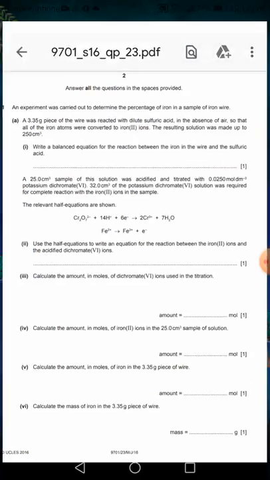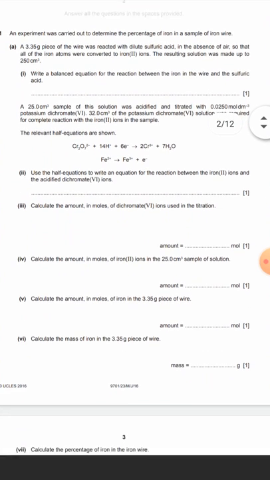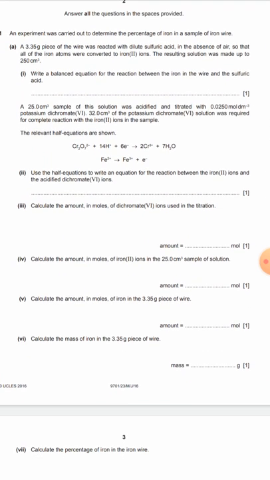Okay, so now what was the question? Let's go back to the question again. Write a balanced equation. Already done. A 25 cm cube of this solution was acidified. Which solution? The 250 cm cube solution is made, and then 25 cm cube is withdrawn from this solution.